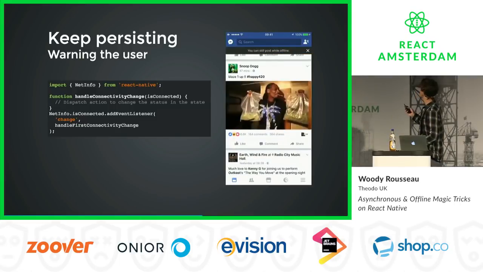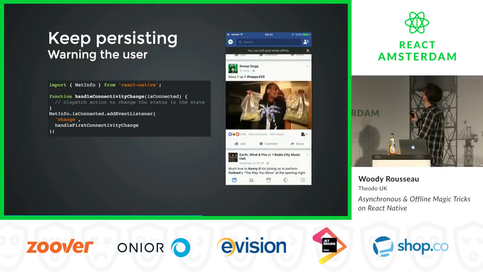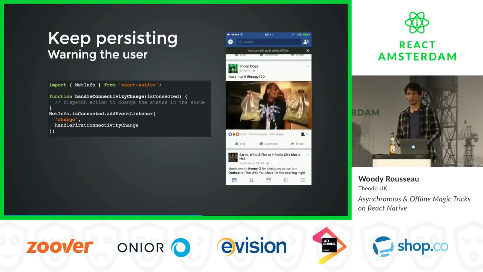An easy way to implement that is that React Native provides NetInfo in its core library. And you can just listen to any connectivity change. And that way you have the boolean isConnected. You could dispatch a Redux action to just update something in your store and show this little UI element when the network can't be reached. So this is an easy solution to do that.